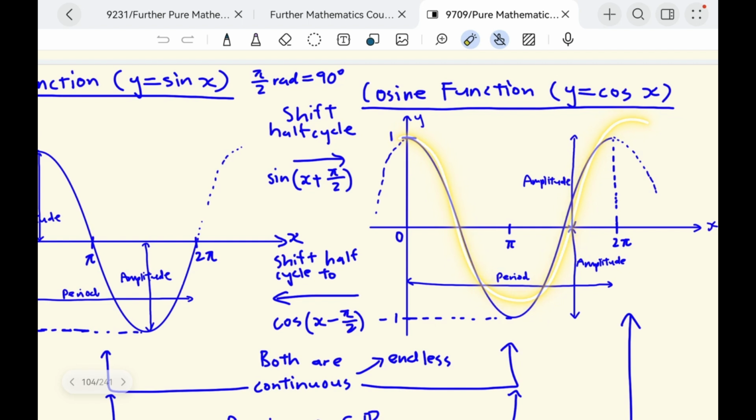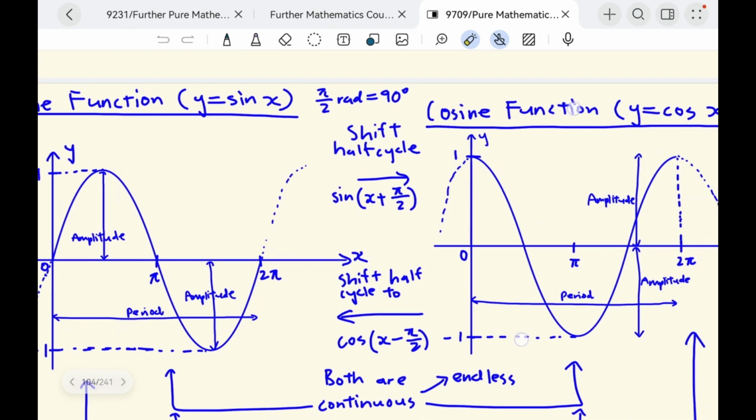Otherwise, if you convert the cosine graph back to the sine, which is minus pi over 2, it has a translation of pi over 2 units to the right-hand side.